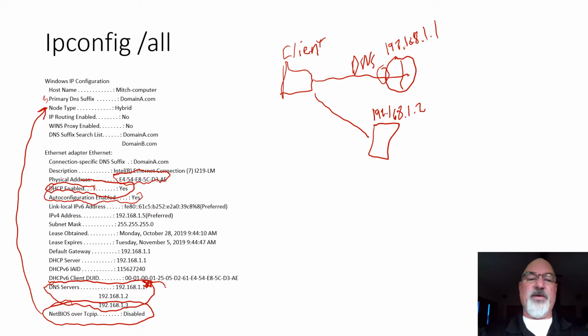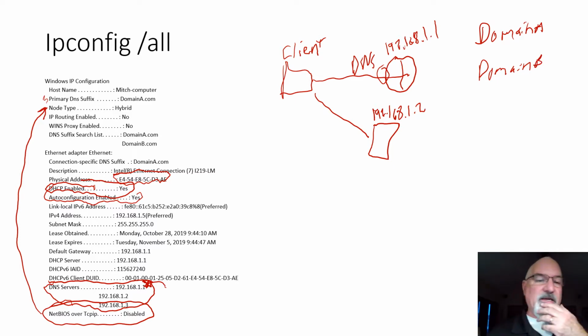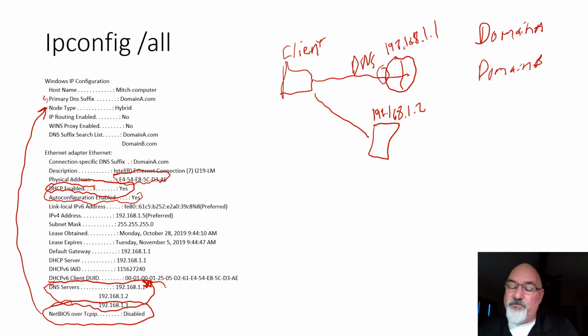I also know my domain is called domain A, or I can assume it is for now until I prove otherwise. I also know that they probably have a DNS suffix search list, and so they've probably got some other domain in here called domain B. And so I know when I do a DNS request for something like www, or just www for a host name, then it's going to add domaina.com to it, and it's going to add domainb.com to it.